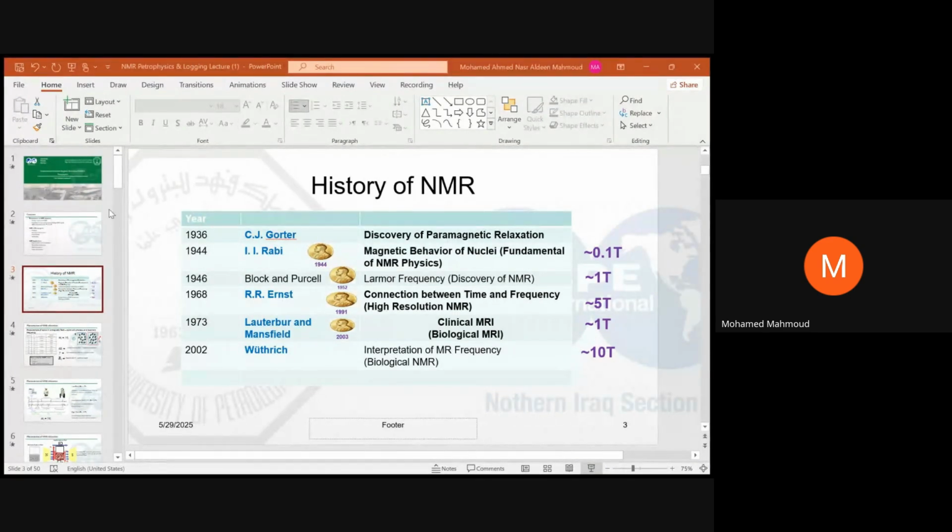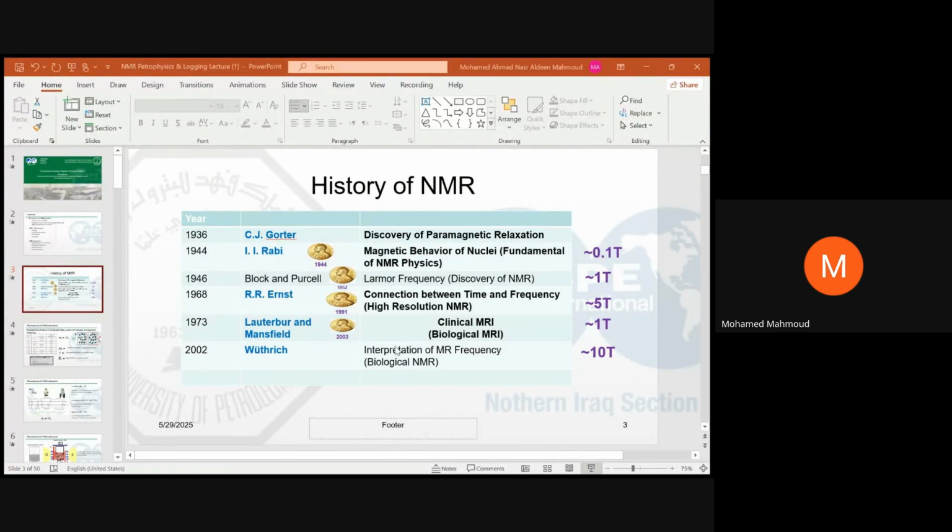The nucleus should have a spin number, it should have a gyromagnetic ratio, which is the response of the nucleus to the magnetic field, and it should exist in nature with a very high natural abundance. So this is the ideal nucleus for NMR response.